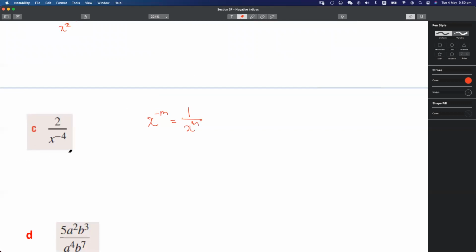So this one is actually 2 over 1 over x to the power of 4. So 2 divided by a fraction, you can turn it into multiplying by its reciprocal, x to the power of 4 over 1. So your answer is 2 times x to the power of 4.